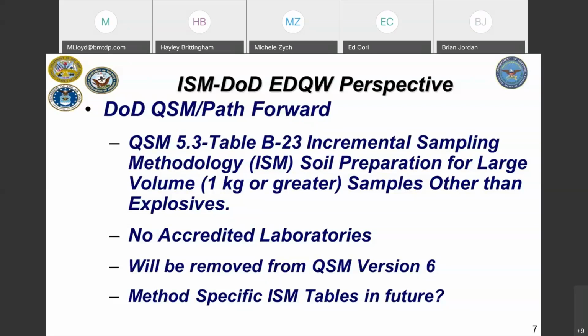And while we still believe that the quality requirements that are currently in table B23 have all the correct measures in them, we firmly believe that it's just not practicable at this time. And therefore, as Alyssa said earlier, it's going to be removed from version 6. Now, that does not mean that we may not add method-specific tables later. In other words, these won't be generic like table B23. They'll be more method-specific. And I assume if we finish this validation study for PAHs, PAHs would probably be the first method-specific table that we utilize.